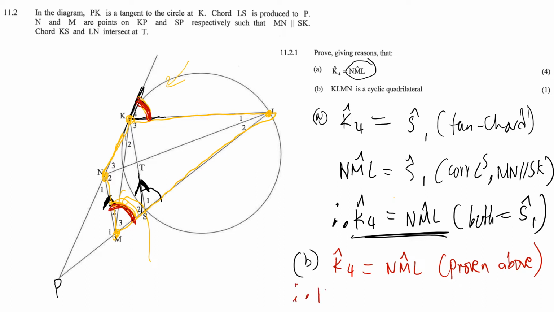Therefore, we can conclude that KLMN is a cyclic quad. Why? Because the exterior angle is equal to the opposite interior angle. We can see that the exterior angle of that quad is equal to the opposite interior angle. Hence, we can conclude that it is a cyclic quad.